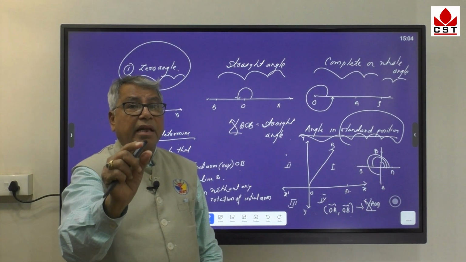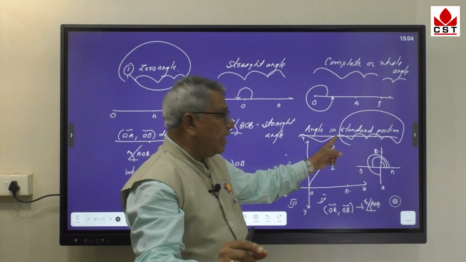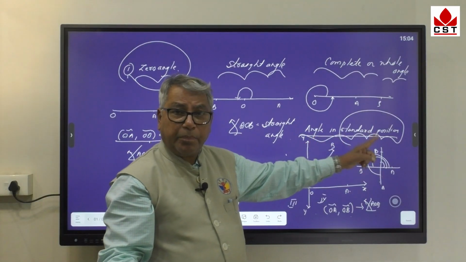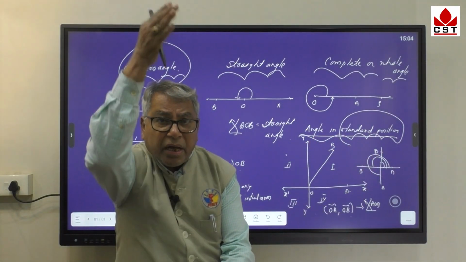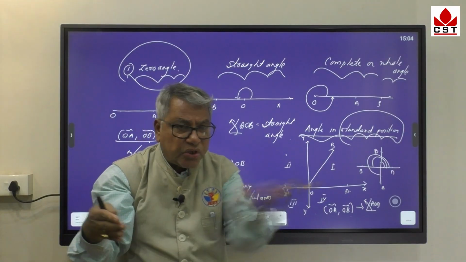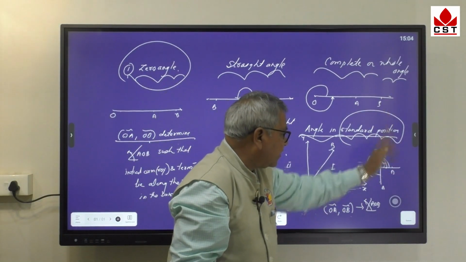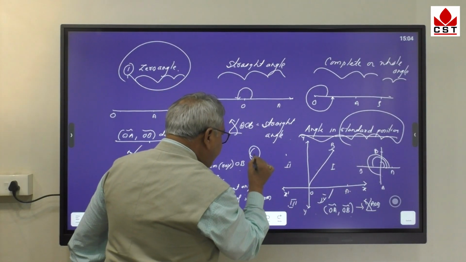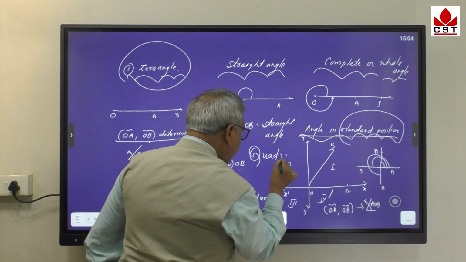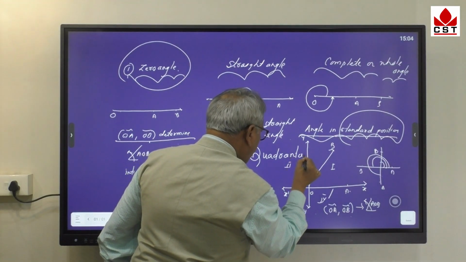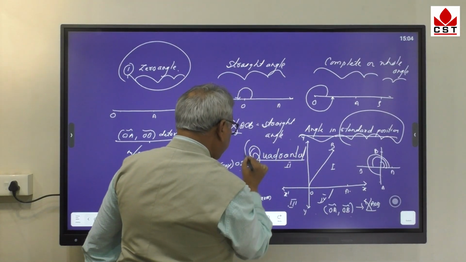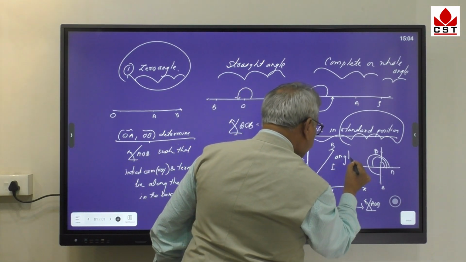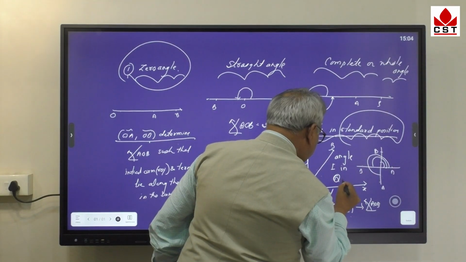If the terminal arm of an angle in standard position lies along any axis, like this, the angle is called a quadrantal angle. And here, angle in quadrant.